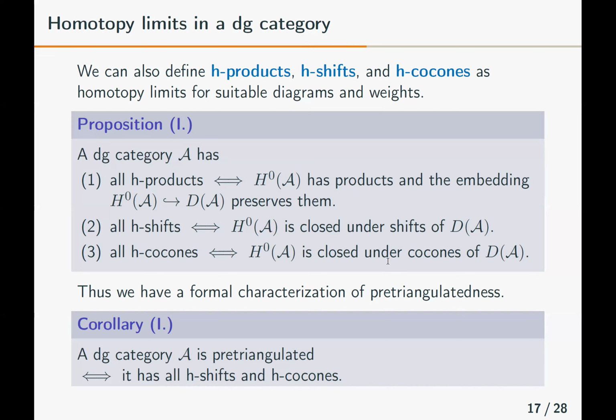Therefore, we obtain the following reformulation. Namely, the DG category A is pre-triangulated if and only if it admits the relevant homotopy limits, h-shifts and h-cocones. This gives a conceptual explanation of pre-triangulatedness from the viewpoint of formal category theory.